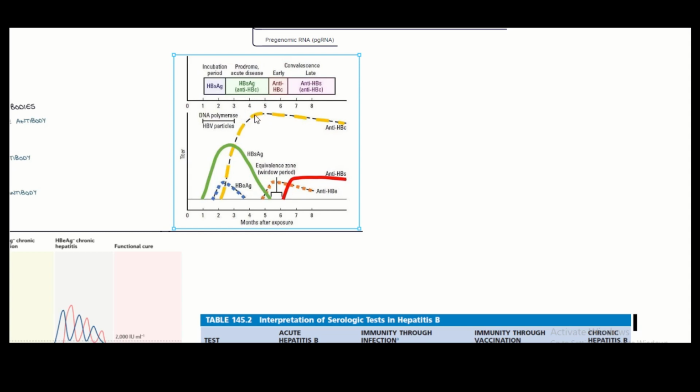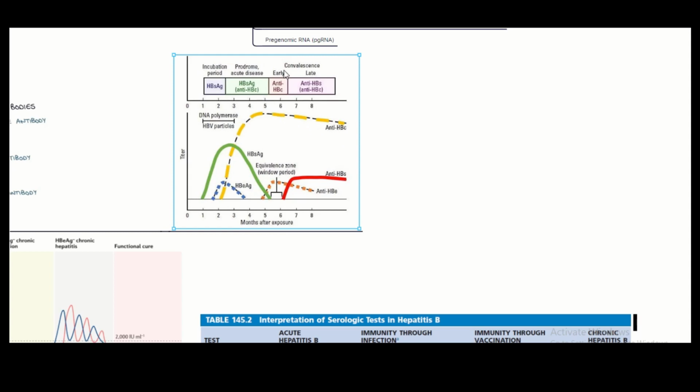The first thing we can find is IgM anti-HBc. This anti-HBc will be an indicator that immunity has started to form. It is found especially in the early convalescence phase.